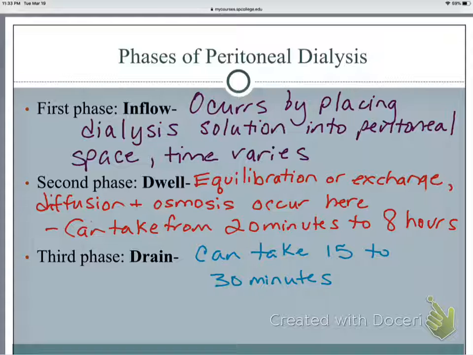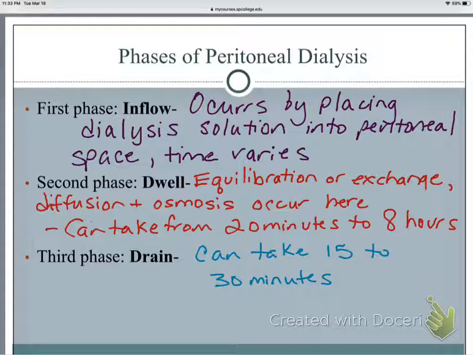They're pretty much emptying the bag into that peritoneal space in the first phase. The second phase is we're going to let it sit there, or dwell, and that's where equilibrium or exchange occurs. The diffusion and osmosis occur, and this is what takes time.